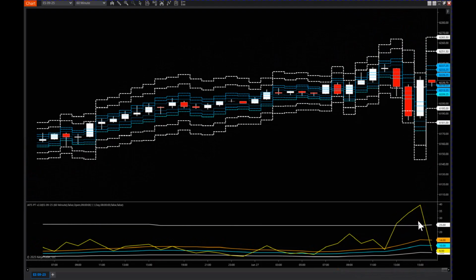So I would like to get the 60-minute point range added to the indicator as a line, a level to trade to, from the high or the low instead of the open and close, so that we'll have the complete spread. It will be a total picture.